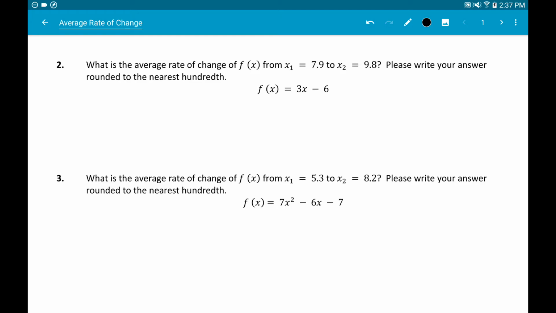In algebra, you learned about something called slope-intercept form of a line. That was a line written in the form y equal mx plus b, where again m is your slope and b was actually the y value of the y-intercept.